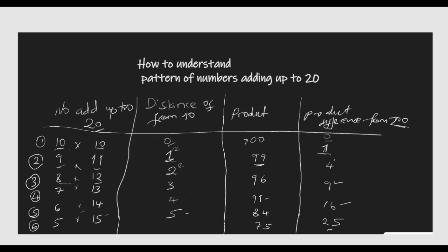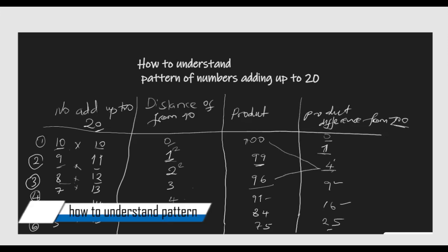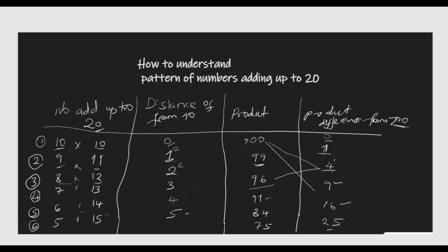And that means that if you go to 8, there's a difference of 2. And 2, if you square it, gives you 4. Then you just take that 4 and subtract it from 100 and you get 96. So if you take 4, subtract it from 100, you have 96. If you take 9, subtract it from 100, you have here 91. If you take 16, that's how they're connected. So 100 minus 25 gives you 75.